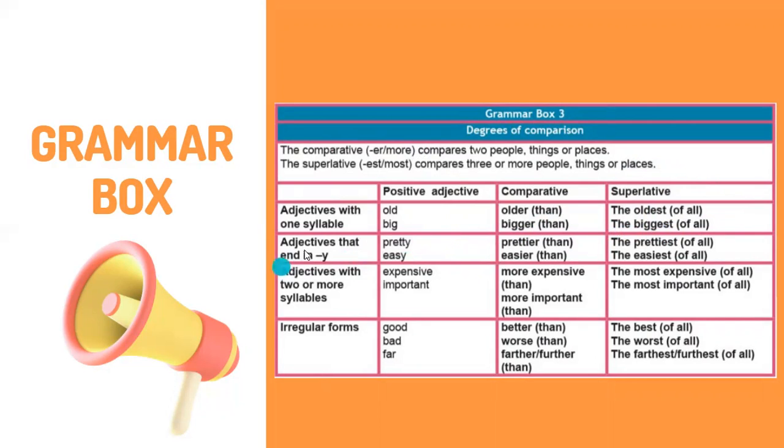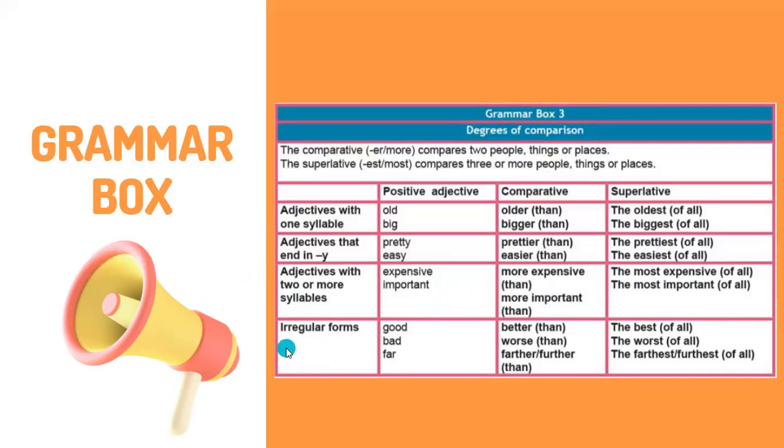In the case of the adjectives that end in y, as you can see, when you want to turn this positive adjective into a comparative or superlative adjective, we have to change the y into an i and then add er if it's comparative and est if it's superlative. For example, when we have adjectives with two or more syllables, it is better to add more or most before the adjective.